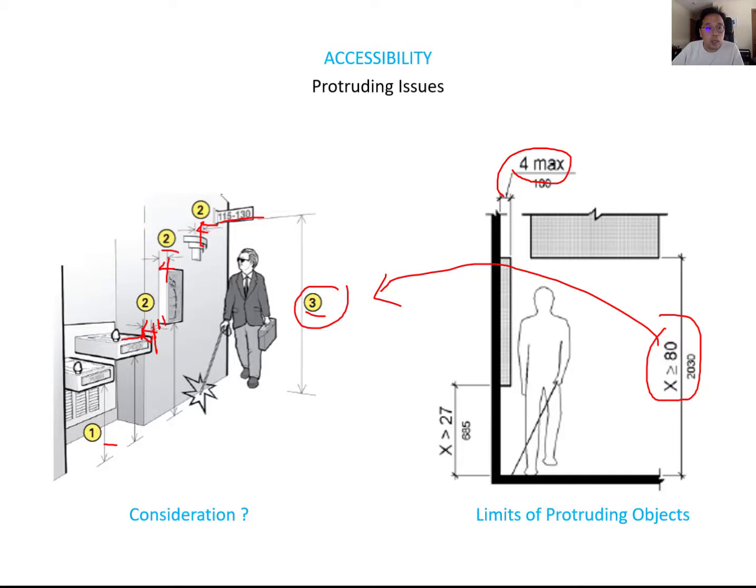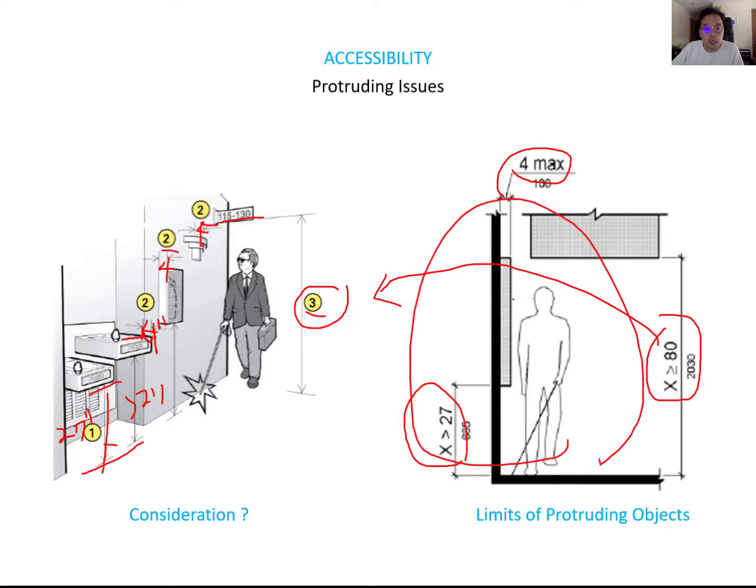And then next one, when you're designing the extrusion part from the wall, this extrusion part has to be more than 27 inches. So this water fountain from the ground has to be more than 27 inches, and same thing here, more than 27 inches. When you know this dimension, it is very easy to adapt and apply to design your space.